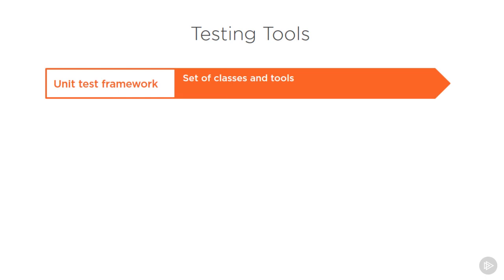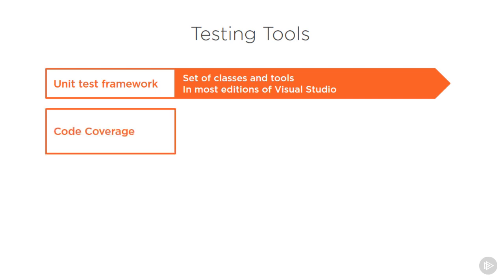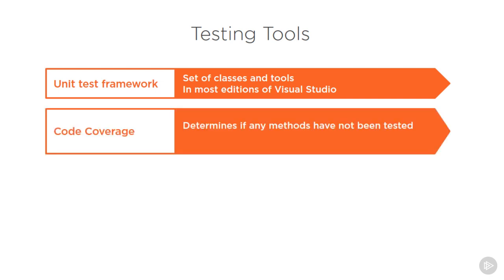So the various testing tools that we're going to take a look at in this course are the unit test framework. This is a set of classes and tools that's available in most editions of Visual Studio. There's a code coverage tool that helps us determine if any methods have not been tested fully, or any code blocks, if statements, case statements, do loops, things like that.